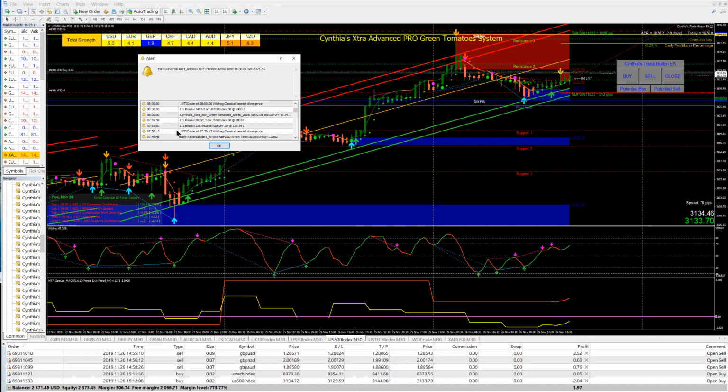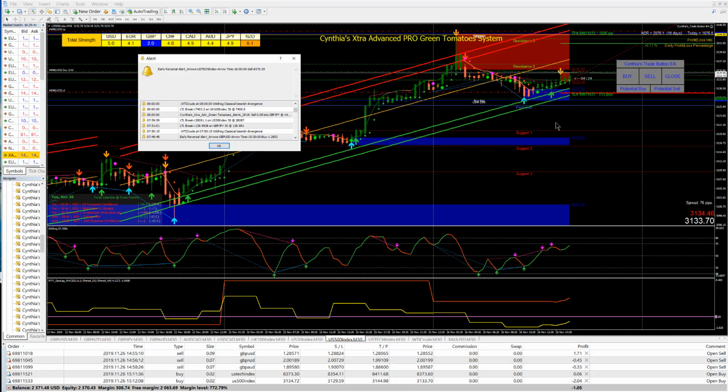And then the early reversal candle is a very interesting indicator, and this aqua candle here is your early reversal pop-up alert.